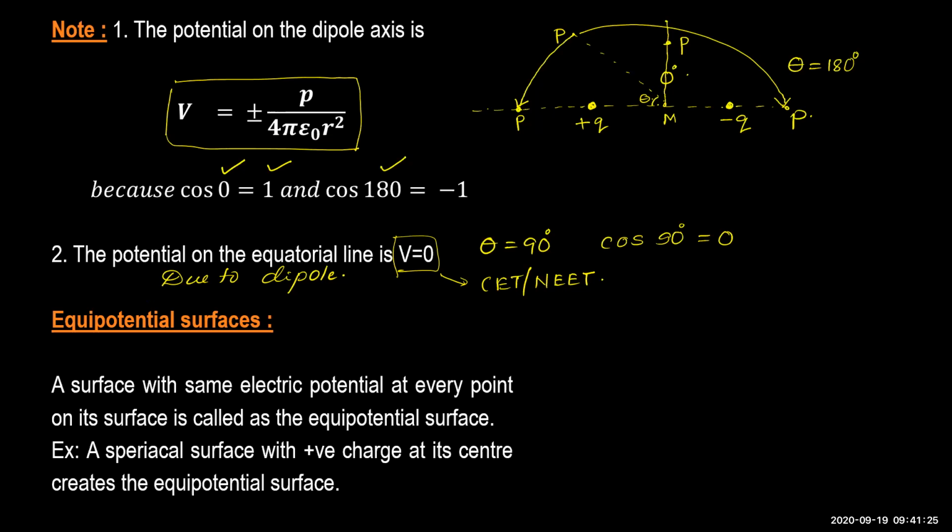Now, after this discussion, we have one more concept that is called the equipotential surface. What do you mean by equipotential surface? Very simple. Suppose one surface is there.